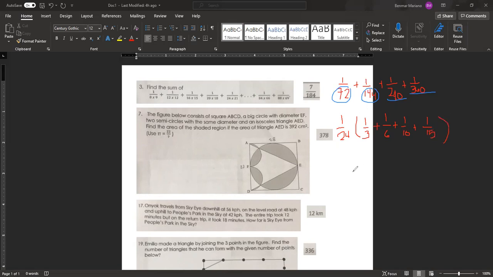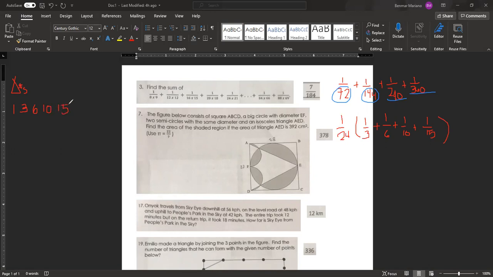When we say triangular numbers, the triangular numbers start with 1 and then followed by 3. So it means that we add 2, and then 3 plus 3 is 6, 6 plus 4 is 10, 10 plus 5 is 15, and then plus 6.